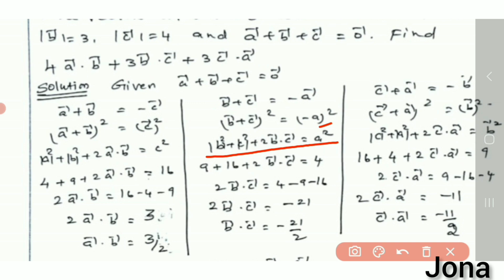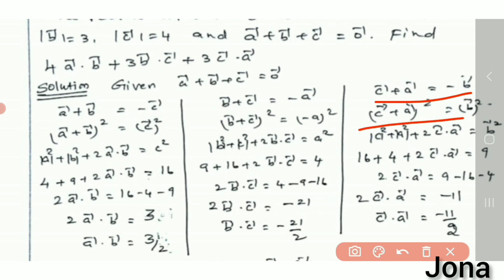Then substitute the values here. It becomes 9, here 16, here 4, and here it is 2 into B dot C equal to 4 minus of 9 minus 16. So we have 2 into B dot C equal to minus 21. Therefore, B dot C equal to minus 21 by 2 here.